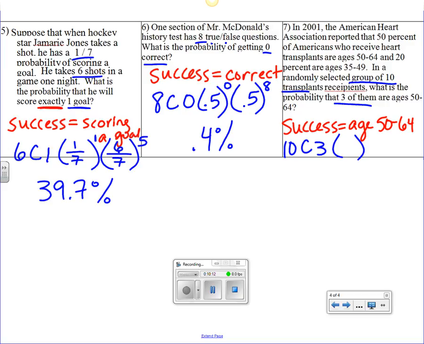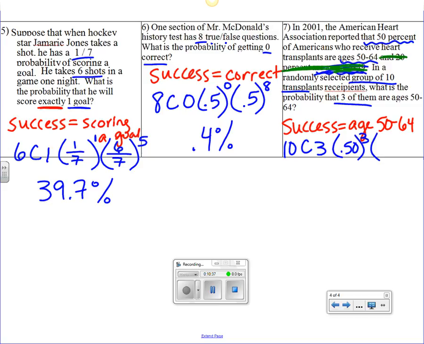What's the percent of people who are ages 50 to 64? 50% are ages 50 to 64. So 50%. This 20% is just there to confuse you. You don't need it. Okay. So 50%, and we want 3 people to be in that category.